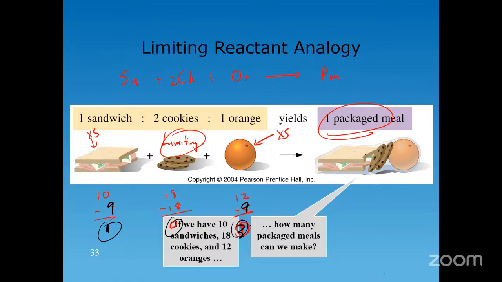And therefore, the limiting item, which is the cookie, will determine how many meals you're gonna end up with. If it's 18 cookies, that means you're gonna end up with 9 meals. All right, so that's basically how we'd apply the limiting reactant to a situation like this.